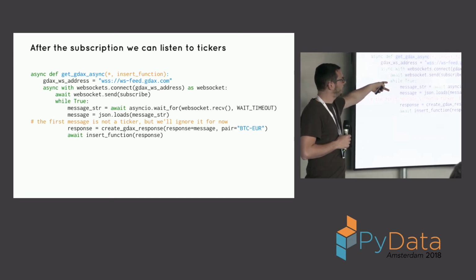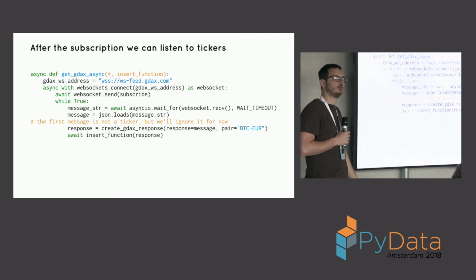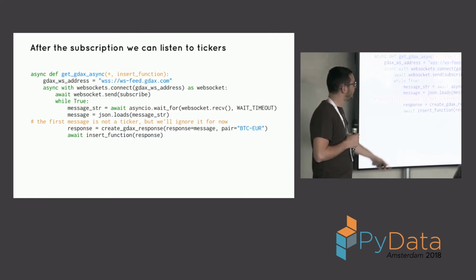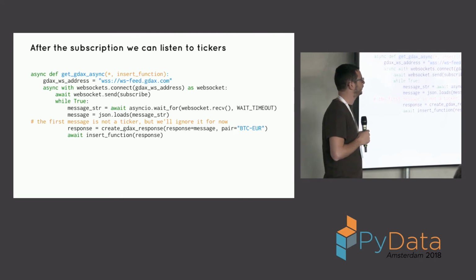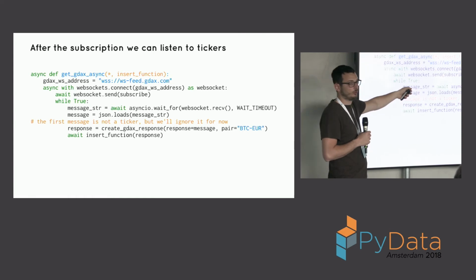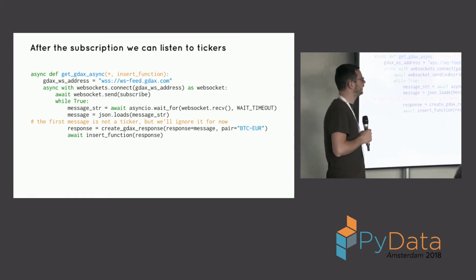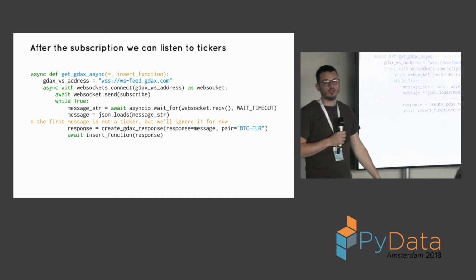Once that is done, again, we can wait forever and just get data from GDEX. So we await data. The program can do other things while no data comes in. Then some data comes in. We load it into a message string, we convert it into a dictionary, we create a GDEX response, and then we insert into our database.